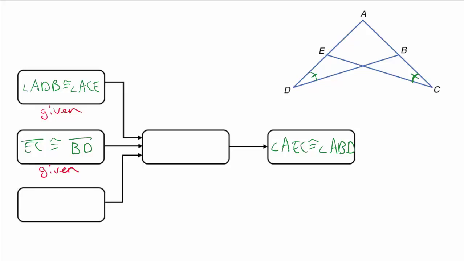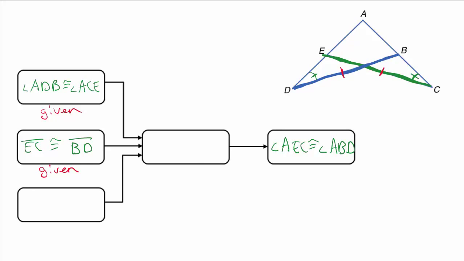EC, which is this guy right here, I'm going to make it a little bit thicker. EC, that entire line is congruent, and I'm going to draw it in a different color, to DB. Okay? I'm going to write that these two guys are congruent to each other.